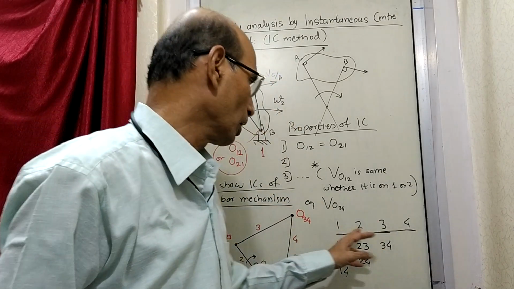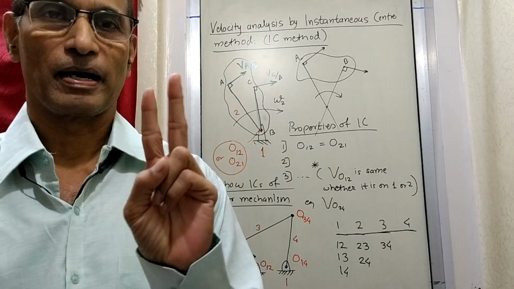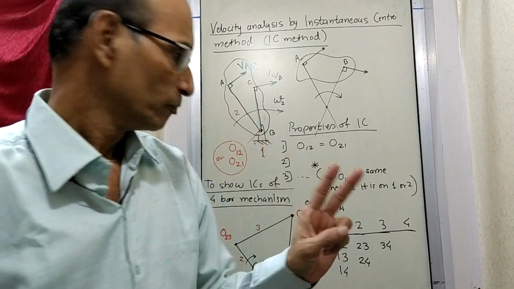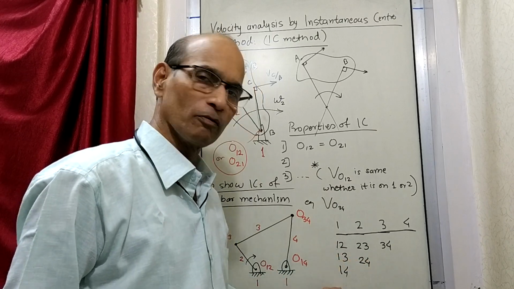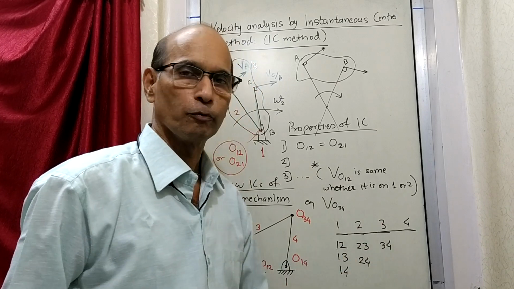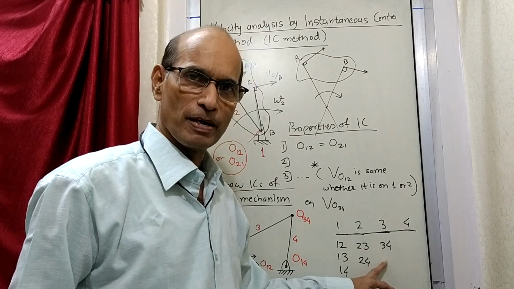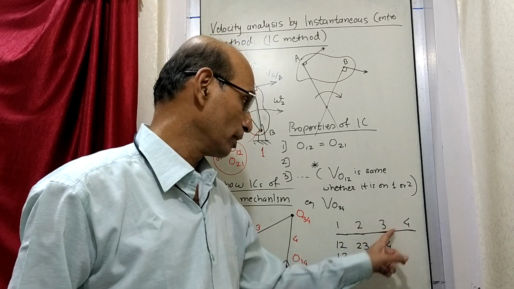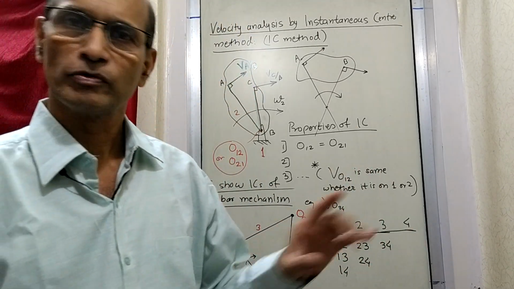Now if you are given 4 numbers and you are asked to form a pair of 2 numbers, then what you will do? You will form these many pairs. 1 2, 1 3, 1 4, 2 3, 2 4 and 3 4. So how many pairs have you obtained? You have obtained 6 pairs. When there are 4 links, you have obtained 6 pairs. Now this is as per the permutation combination rule, which all of you know.